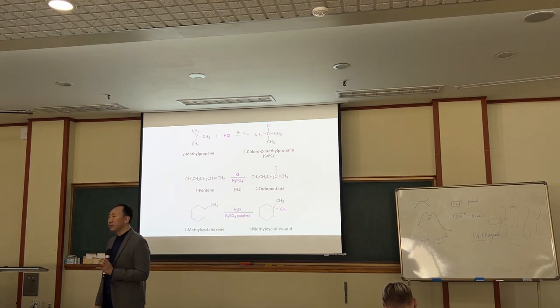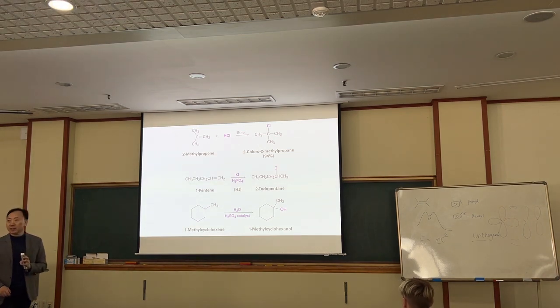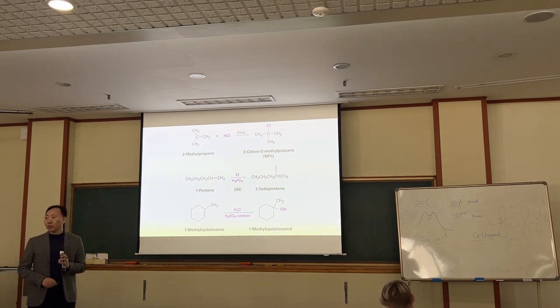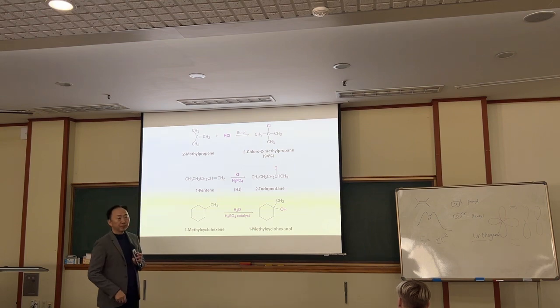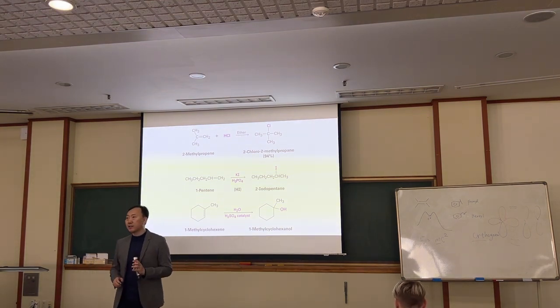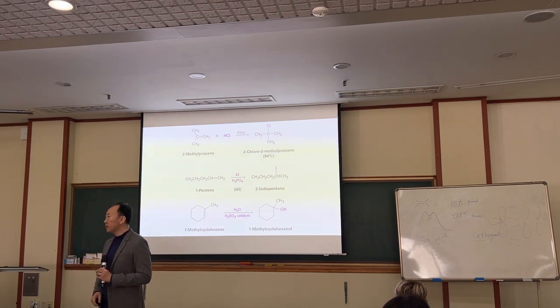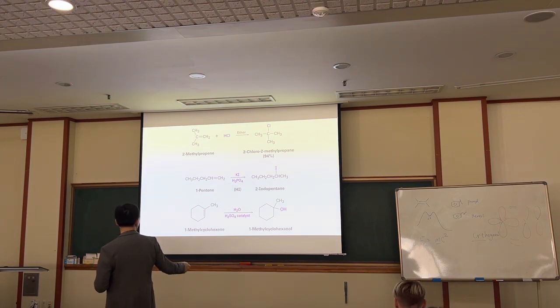If you combine in a different way, with water and another acid, sulfuric acid, the strong acids we have learned so far are hydrochloric acid, phosphoric acid, sulfuric acid. With acid and water, there is no good nucleophile like a halide, so even water can come in and attack here, and OH can be added.